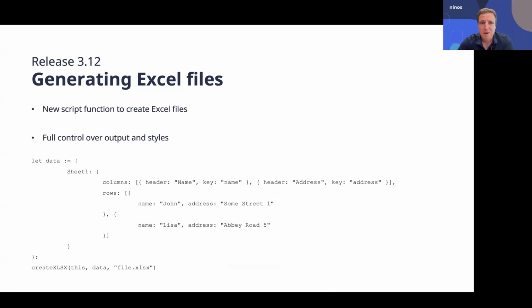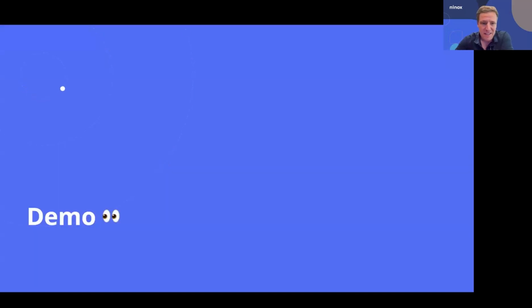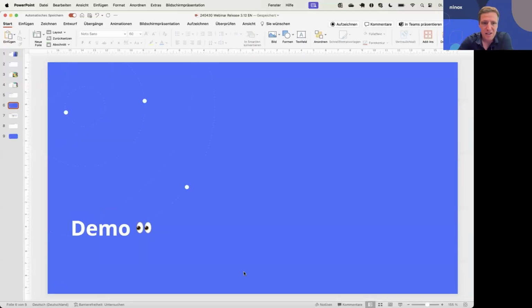But this is quite inflexible in terms of what you can achieve. And if you really want to have full control, you can now use our scripting language to generate Excel files. So after this quick overview, it's now time to actually look into the new release. I'll just switch over to my web browser.